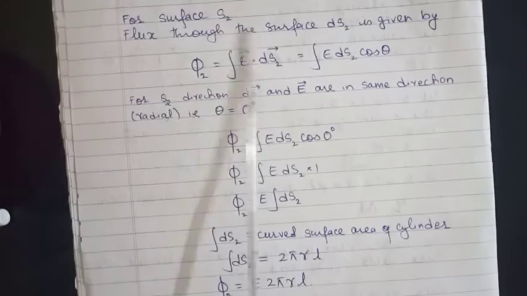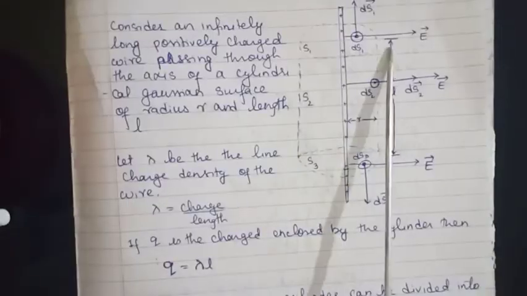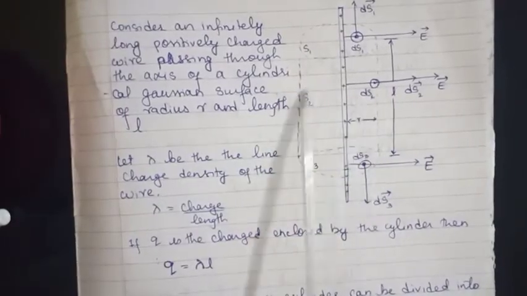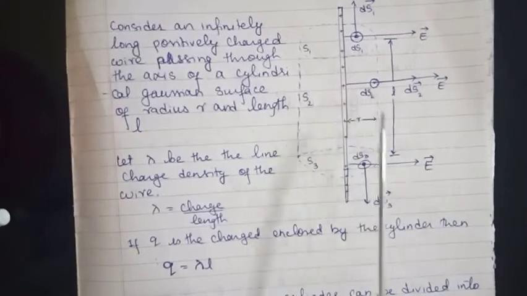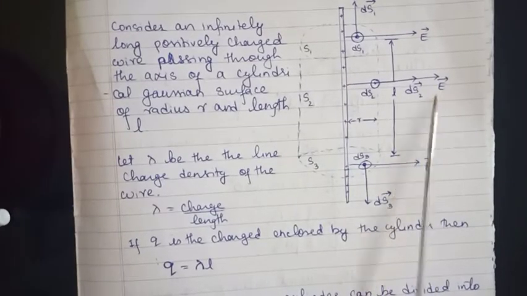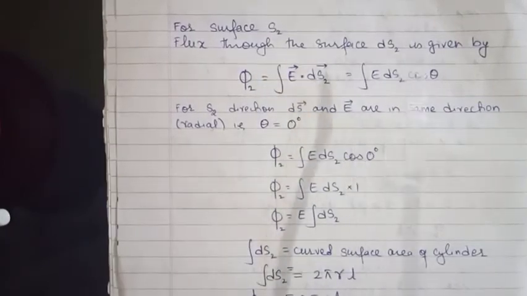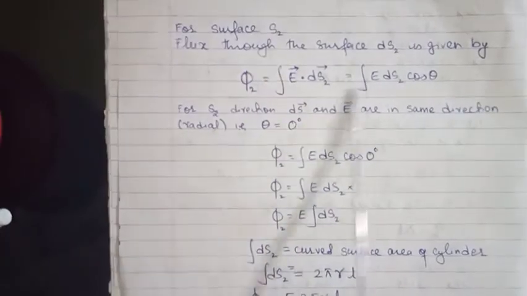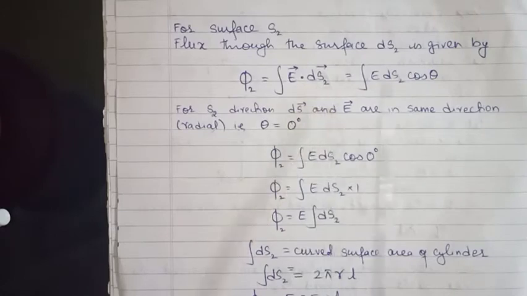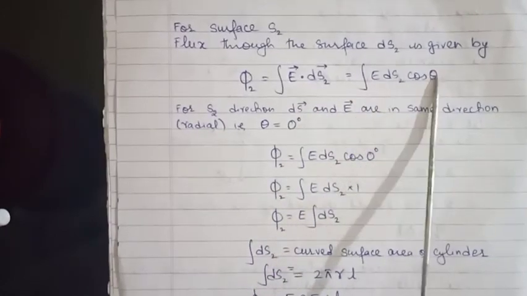So now the second surface is this curved surface area of the cylinder, and for this part the direction of E and area vector is the same. So for surface S2, flux will be given by this expression, E dot ds2 or E ds2 cos theta.